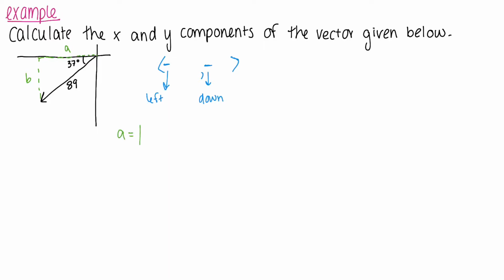All right, so for A, that's the magnitude of the vector, cosine of theta. So the magnitude of the vector is 89, cosine of 37 degrees. In my calculator, I plug that in and I get approximately 71.08.